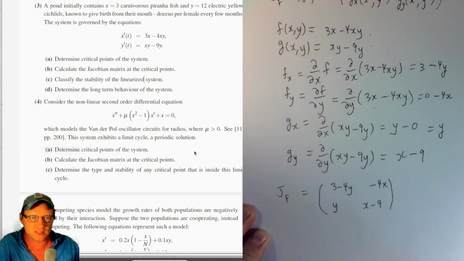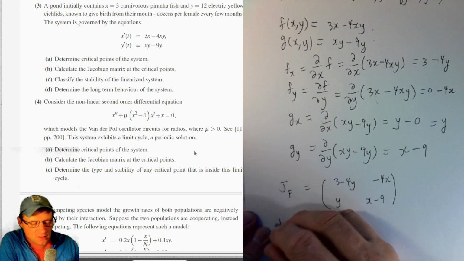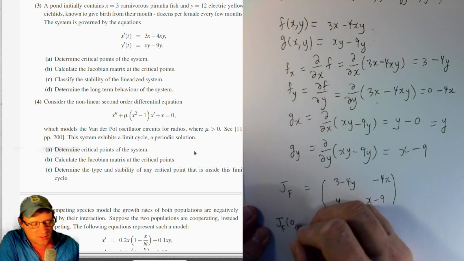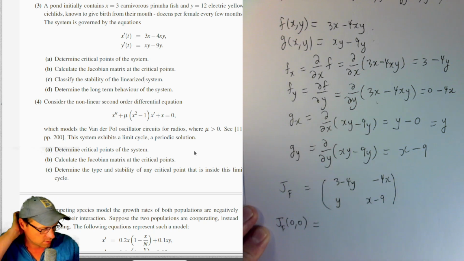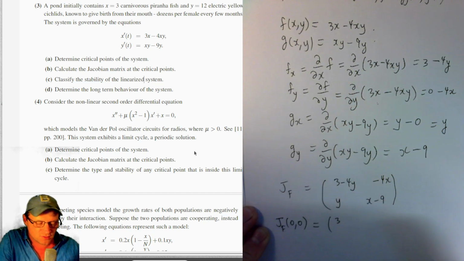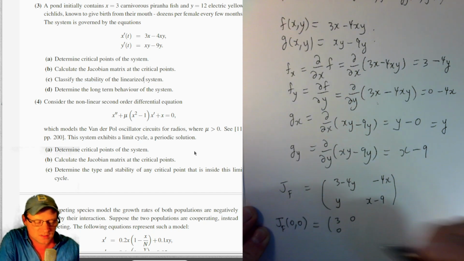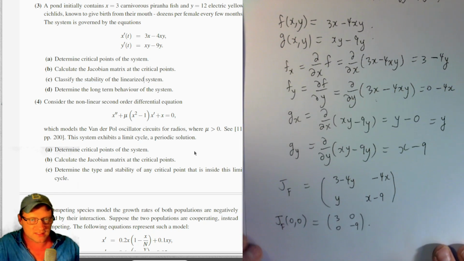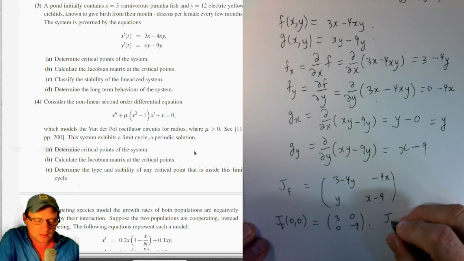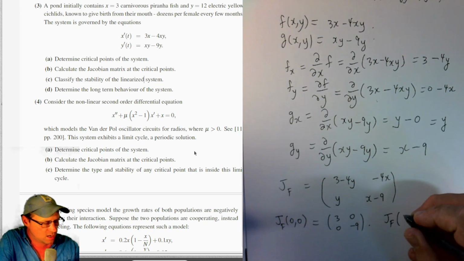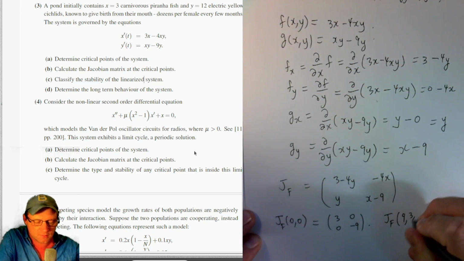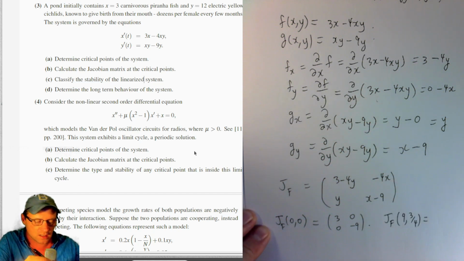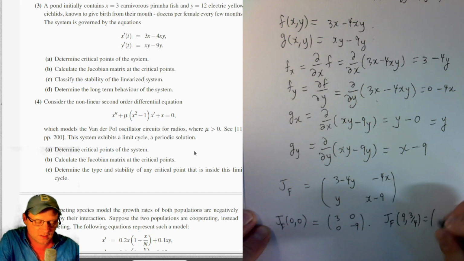Now we want to sub in each of our critical points. So J at (0, 0) is the matrix 3, 0, 0, minus 9. Similarly, J at the point (9, 3/4): subbing in 3/4 here, we have 0.